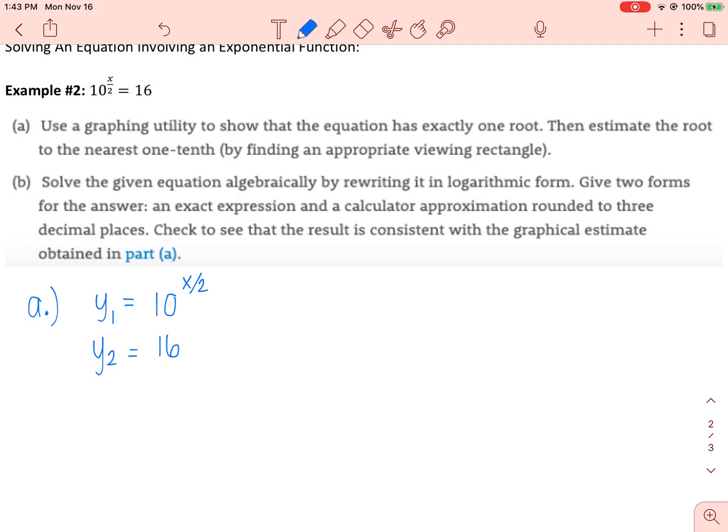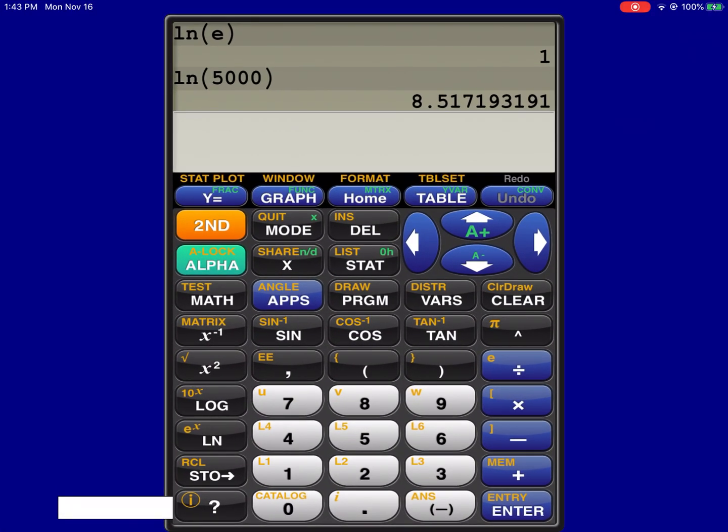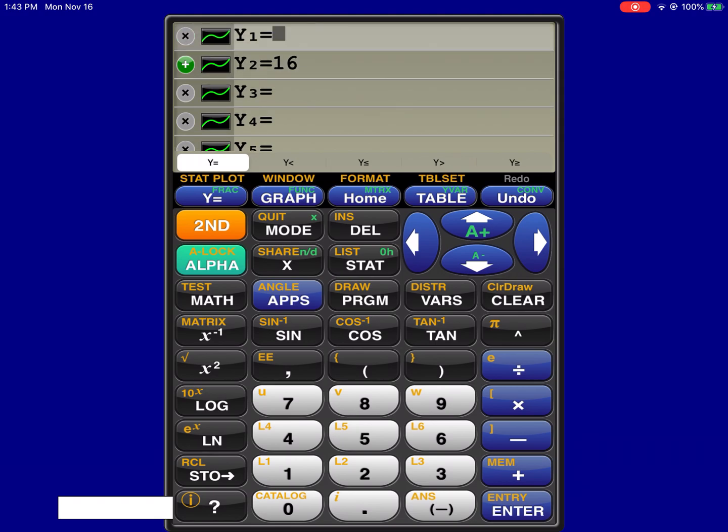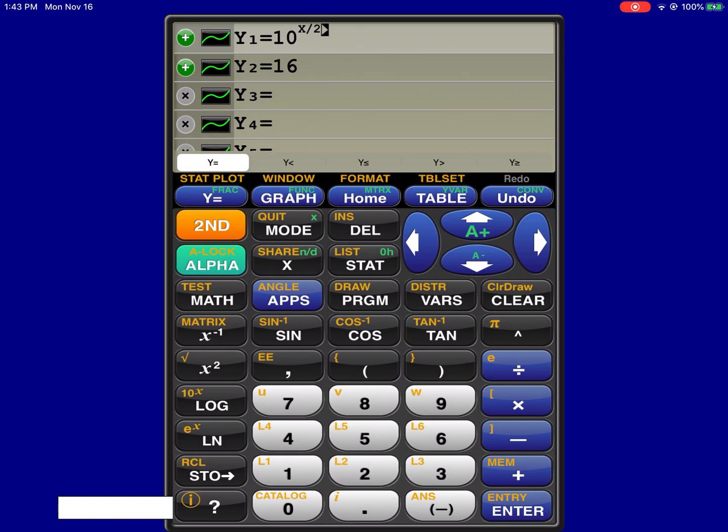So what you would do on your calculator is go to your y equals, type in the first, 10 raised to the x, it should be x divided by 2. 10 caret, you can do x divided by 2. Then the next line is 16.